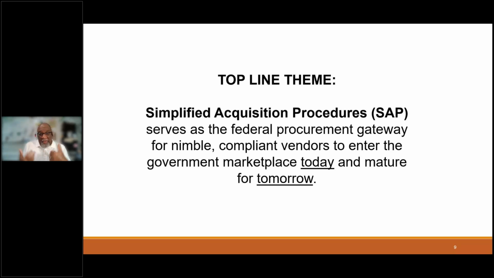Because once a small business shows and demonstrates that they are capable of executing, then agencies, departments, and offices want to make sure that they mature over time so they can do higher level value and larger quantity of work in the future. So this is the place to enter today for growth going forward.